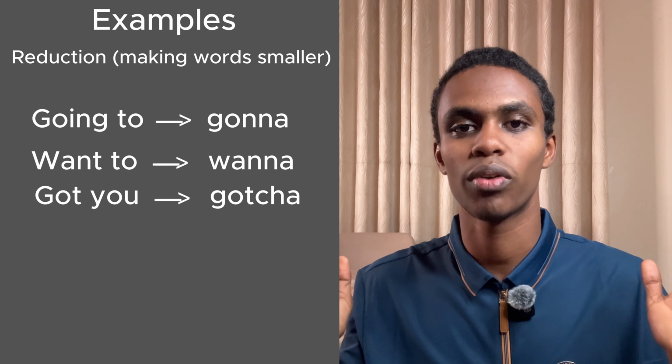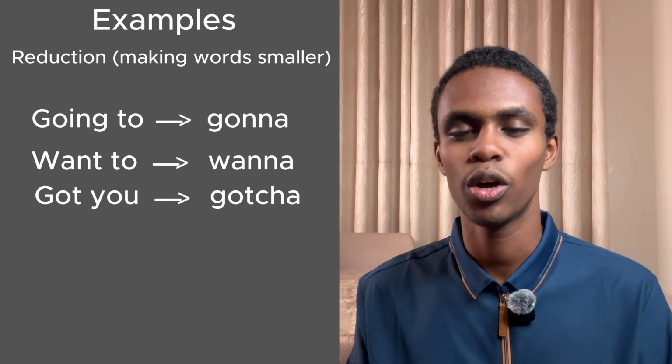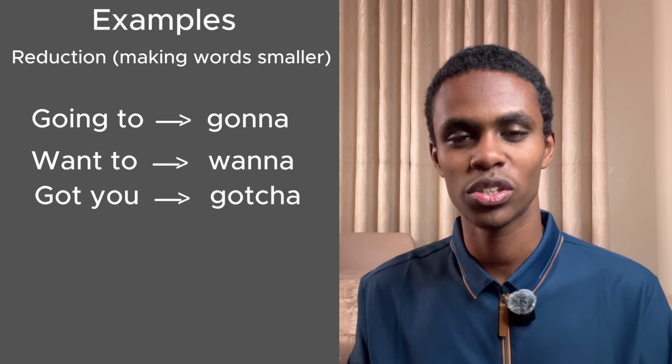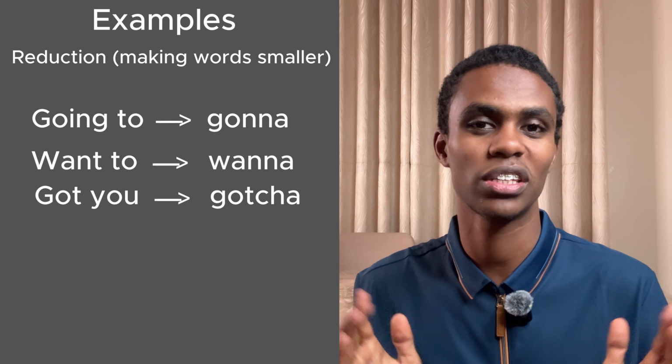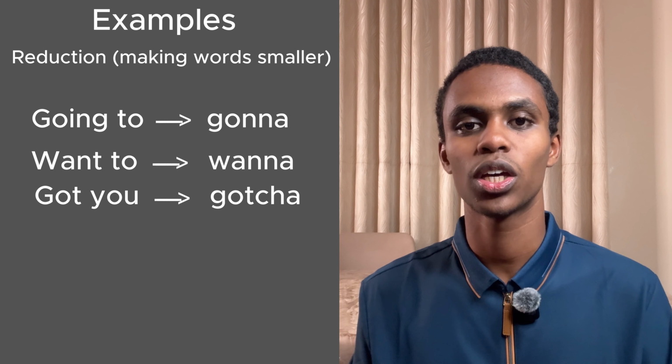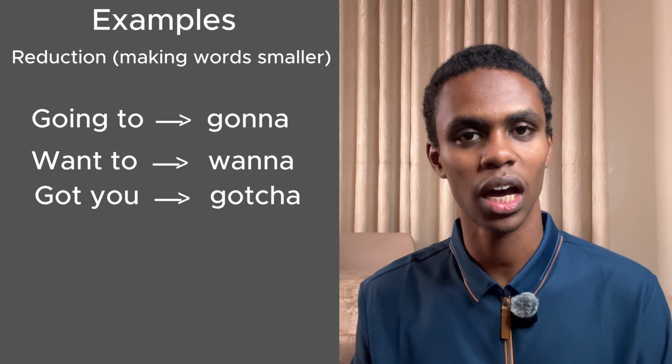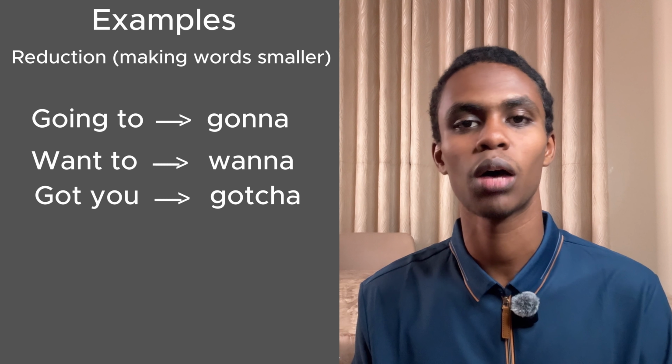And the last category of connected speech that I want to talk about is reduction. This is where we remove some sounds so that we reduce the size of some words that we want to pronounce together. For example, "going to" becomes "gonna." "Want to" becomes "wanna."